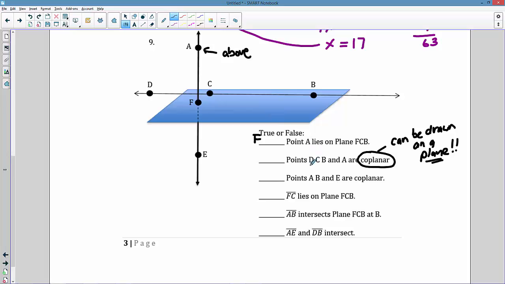So DCB are all collinear. Okay. So that means they're all on the same line. You can have an infinite number of planes going through that. So you can have a nice vertical plane here, dotted lines, it's behind, right? Nice vertical plane here.